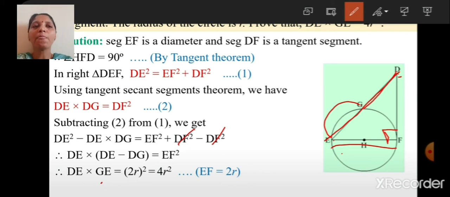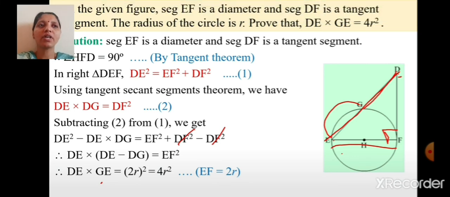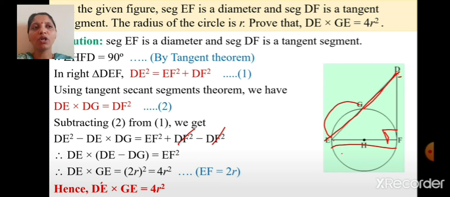I hope all of you have understood this. Hence we have proved DE into GE is equal to 4R square. So we have completed practice set 3.5. I hope all of you can solve all the sums from the problem set also.